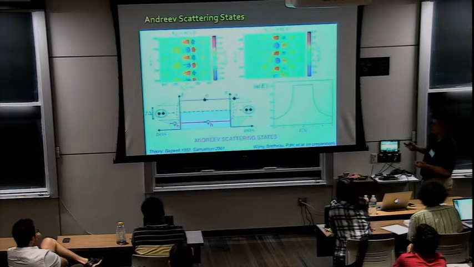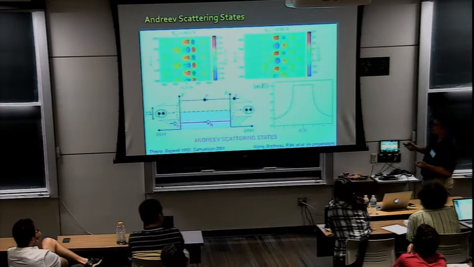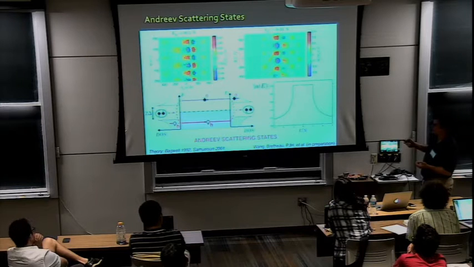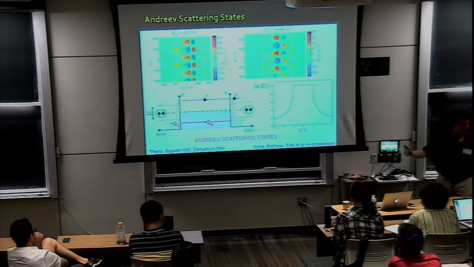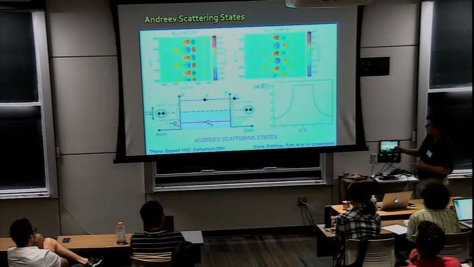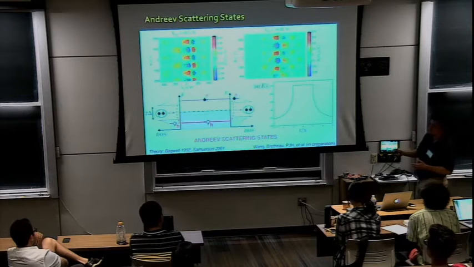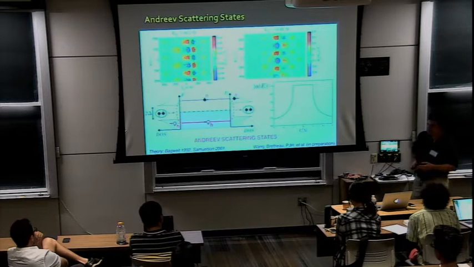The probability for Andreev reflection, in the ideal case of perfect transmission, is 1 below delta. But it decreases slowly. It doesn't decrease abruptly to 0 as you go higher in energy, and this can lead to Andreev scattering states, which we believe are responsible for the modulation at values of a few times delta in our junctions.